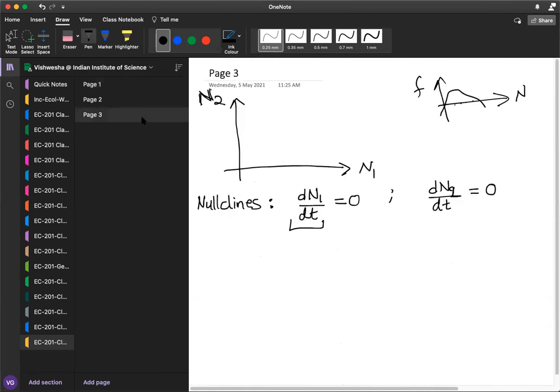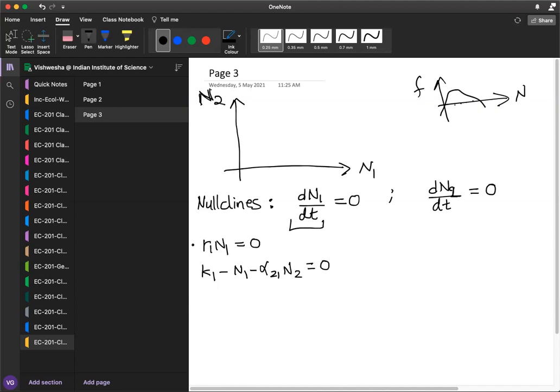So I will now write down the null clines. R1 N1 is equal to 0. That's the first null cline. The second null cline is K1 minus N1 minus alpha 21 N2, divided by K1 is irrelevant, equal to 0.